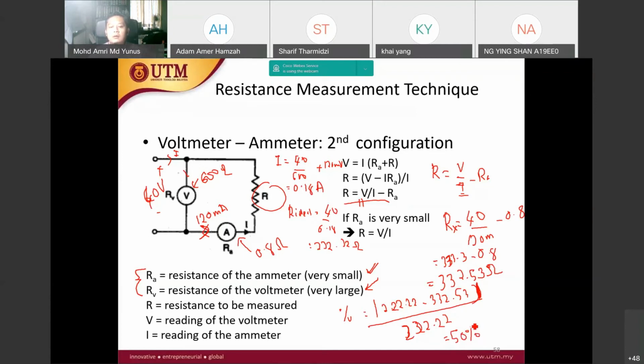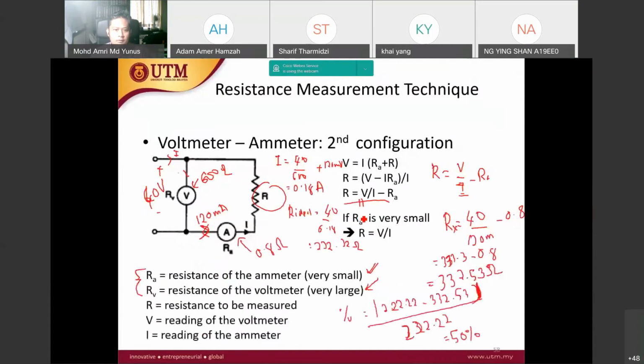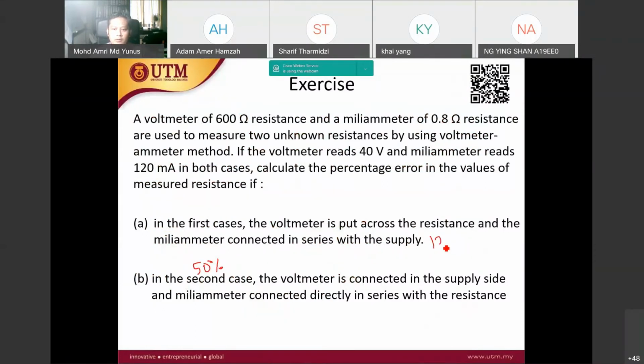Okay, so we can see that using the second technique the error is 50%, and the first one the error is very large, 126.4%. So we can conclude that in the second configuration the error is lower than the first one, but however 50% is actually large. Okay.